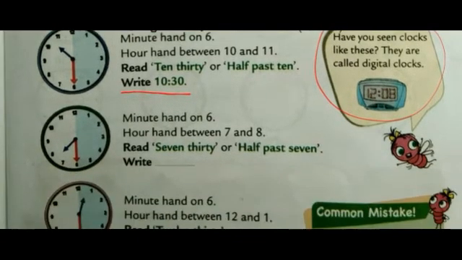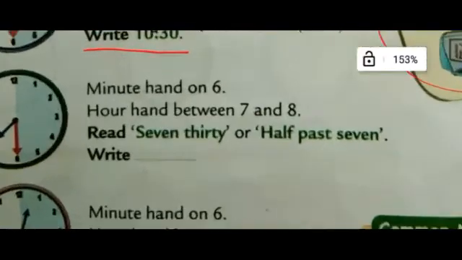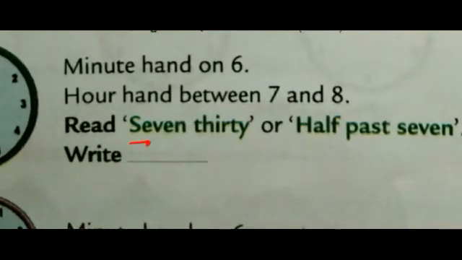Now see this third one, and we are going to do it also. Here the minute hand is on 6 and the hour hand is between 7 and 8. That means it is half past 7, or 7:30. We can also write it like this, 7:30.